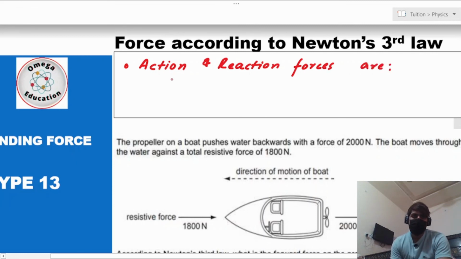Those two forces, action and reaction, in terms of magnitude, they are equal, and opposite in direction. In terms of direction, they would be opposite.